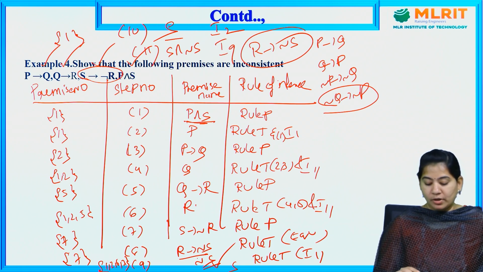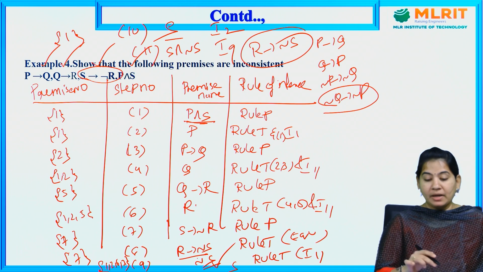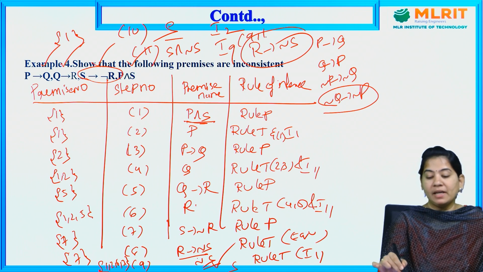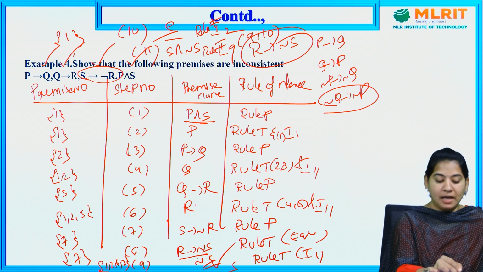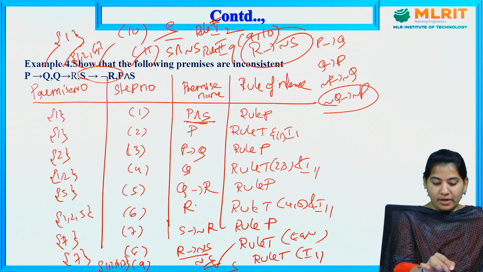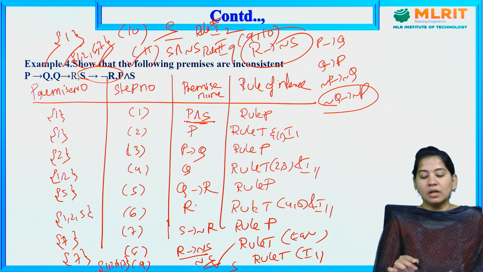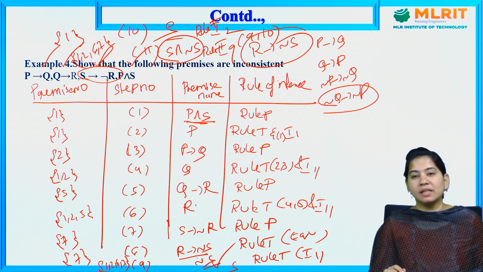What are the steps we have included here? 9 and 10. For 9 and 10, this is called rule T and this is also called rule T. And here I will get 1, 2, 6, 7. So now this is the answer, S and negation S, which is called contradiction format.